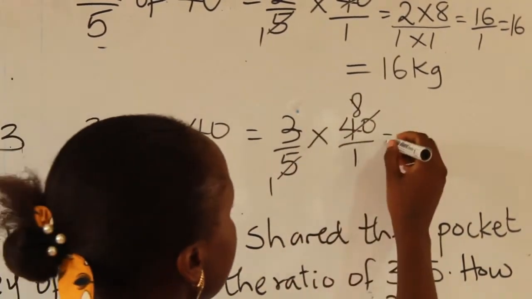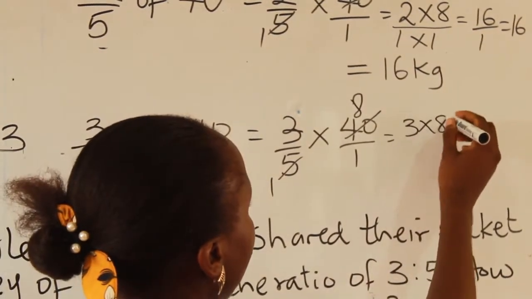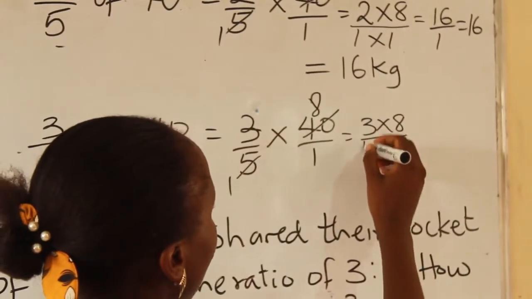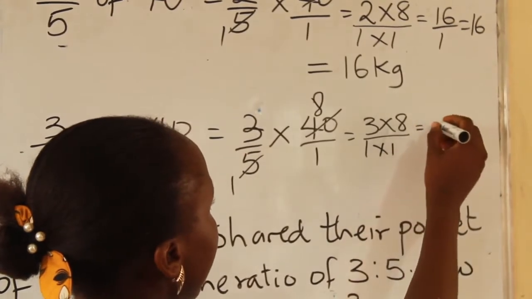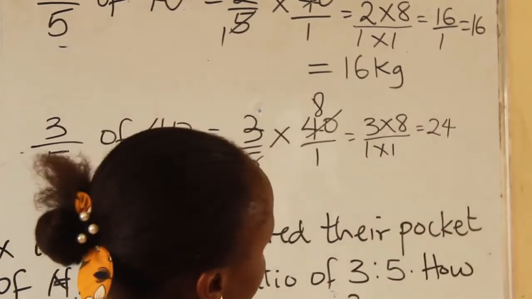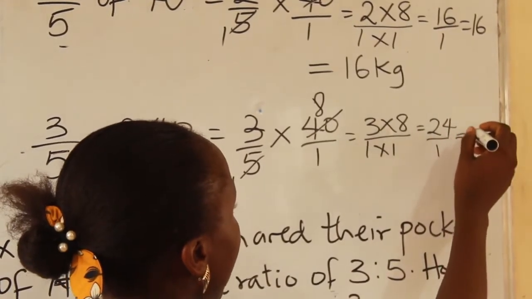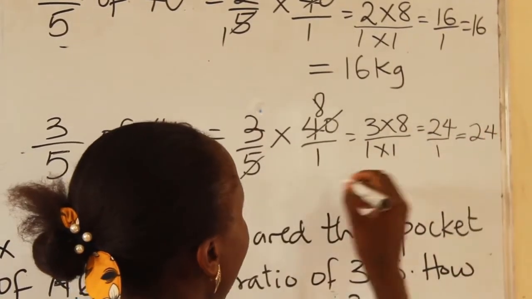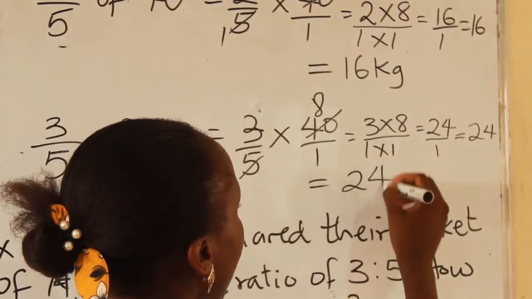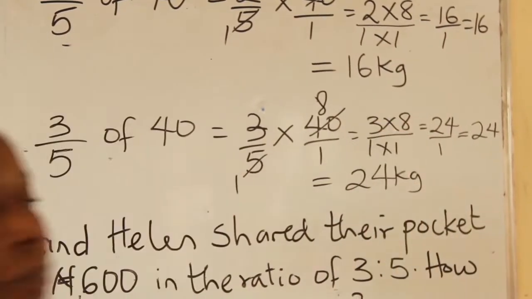And 3 times 8 over 1 times 1. 3 times 8 is 24 over 1. 24 divided by 1 is 24. So our answer is 24 kilograms.